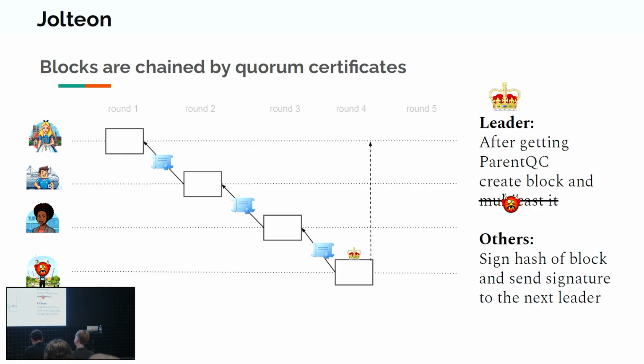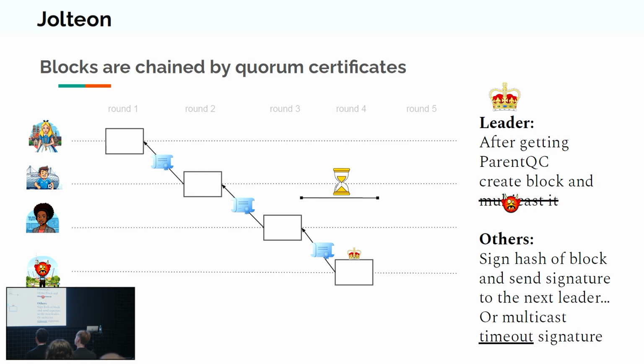So what others are going to do, they will not wait forever. They will wait for a timeout. They were aware of this block. They were at round 3. And now they wait for the maximum timeout, that's what we discussed, delta. And then they multicast the timeout signatures to everybody else.